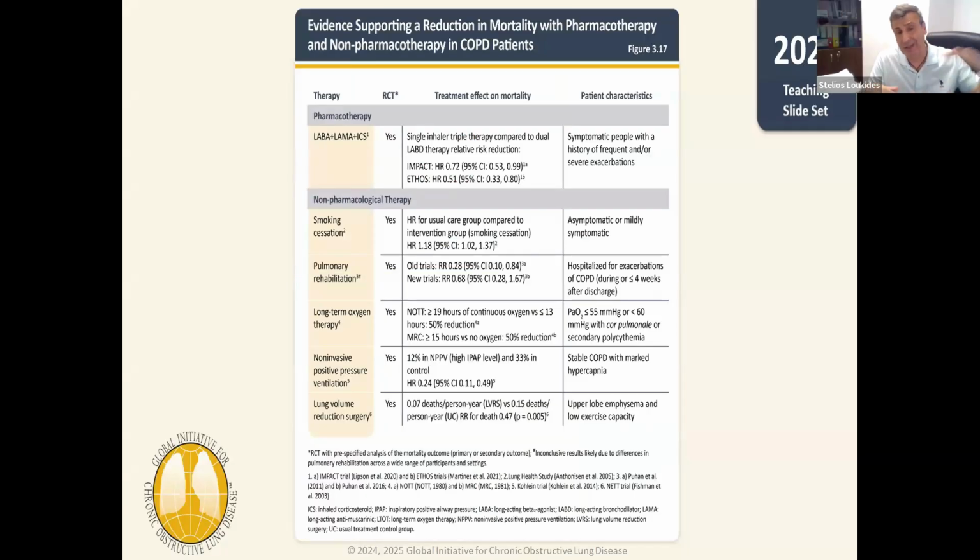And of course, by increasing inhaled treatment, by using the triple therapy, we showed some beneficial effects on mortality. But on the other hand, we have to consider that despite this beneficial effect, there is supportive evidence from other non-pharmacological approaches, which are quite critical for the optimization of inhaled treatment.